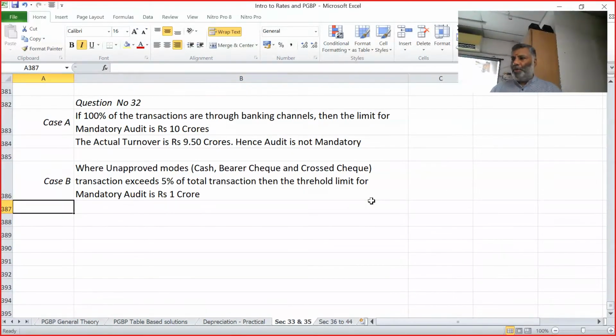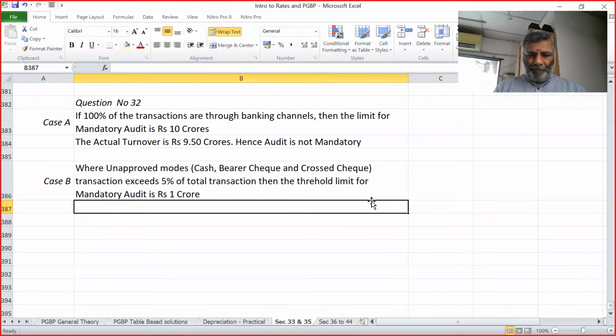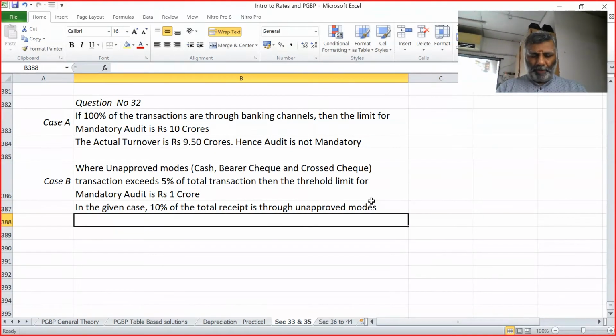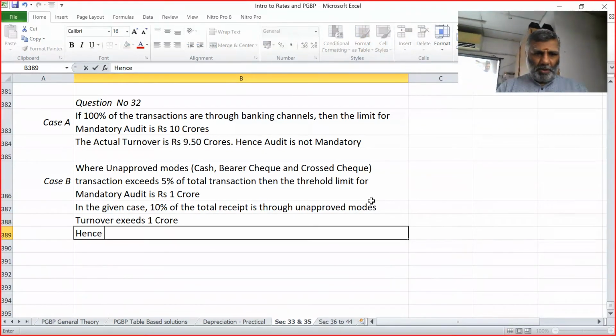In the given case, 10% of the total receipts is through unapproved modes. Turnover exceeds 1 crore. Hence, audit is mandatory.